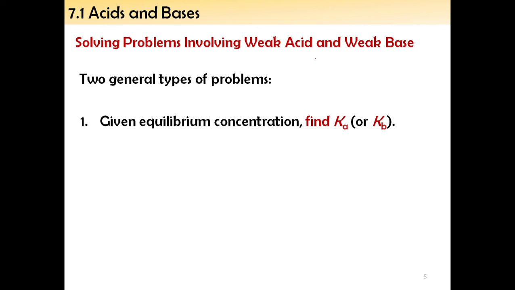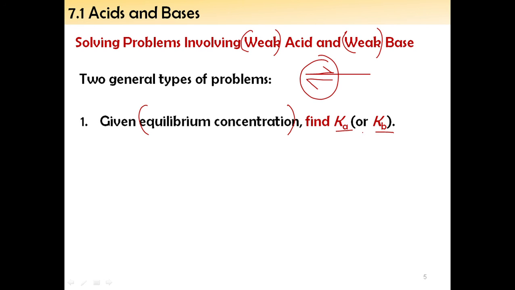Sebab saya pernah mention kalau weak acid dan weak base, equation dia, since partially dissociate, kita kena guna reversible arrow. So, bila kita guna reversible arrow, okay, maksudnya memang ada equilibrium akan reach lah at some point. Jadi, kalau soalan dah bagi awak equilibrium concentration, awak boleh simply terus cari Ka dengan Kb.